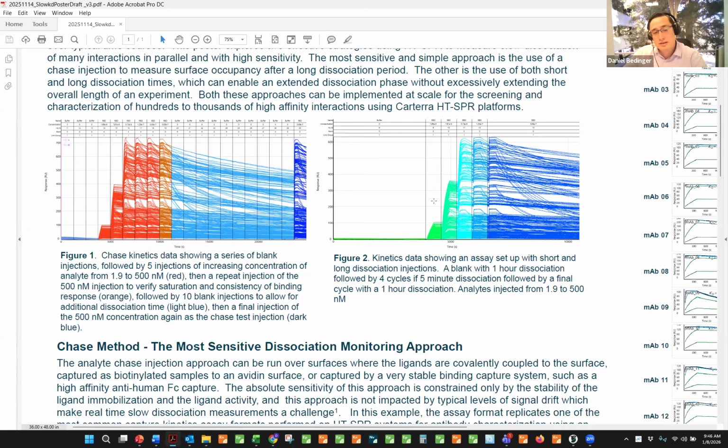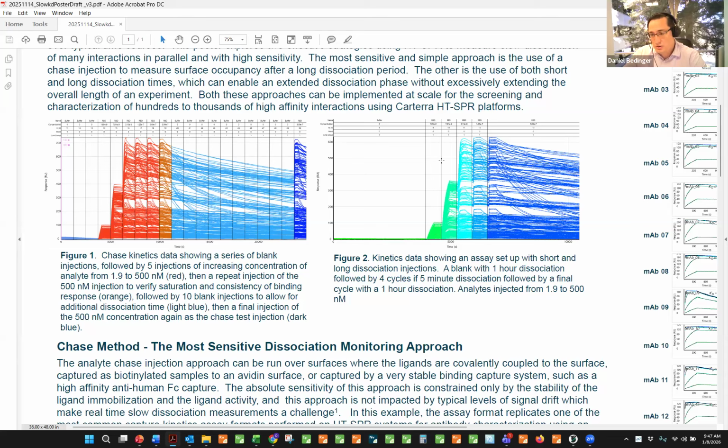One is using short and long dissociation phases. So this is a normal capture kinetics experiment where we used a capture select anti-human Fc antibody on the chip surface to capture IgGs. We did 4 injections of just buffer with hour-long dissociation. Then we queue behind that 4 injections of antigen of increasing concentration with only 5-minute dissociation.